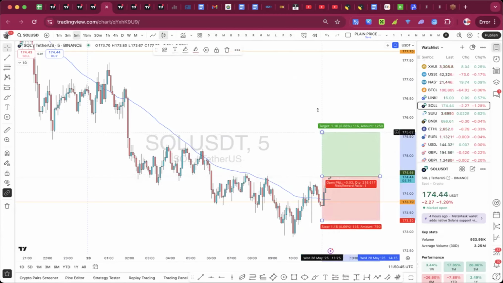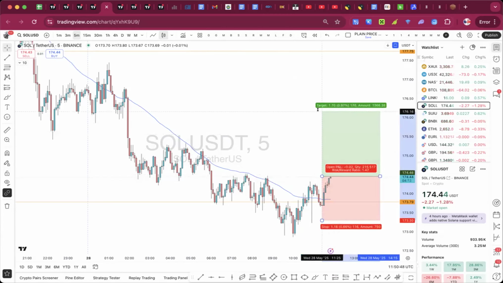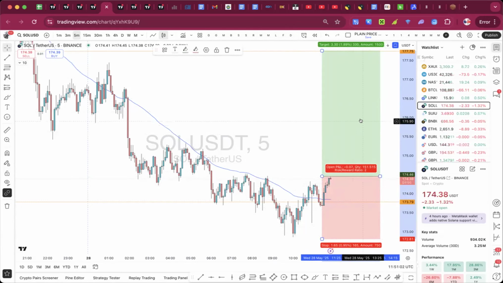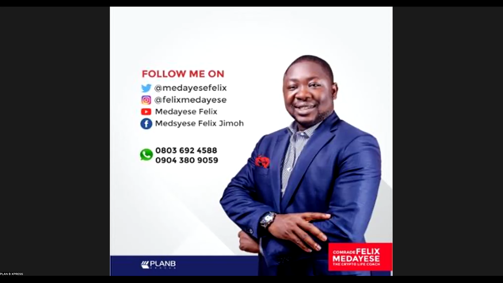Let's look at where it's likely to do 1%, and how much it might retrace. So 1:2, that's Solana to 177. I'm going to go into the markets for Solana and set a bot for you to see. So let's go.